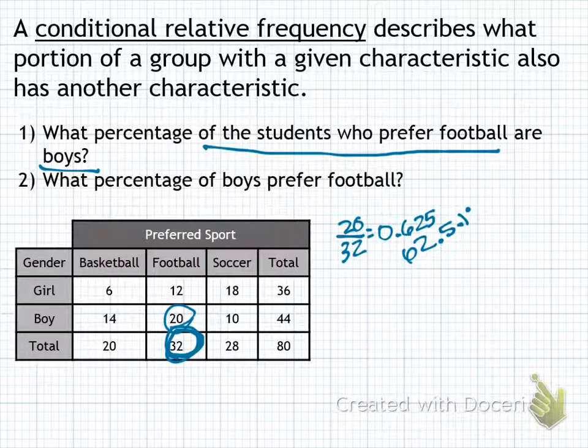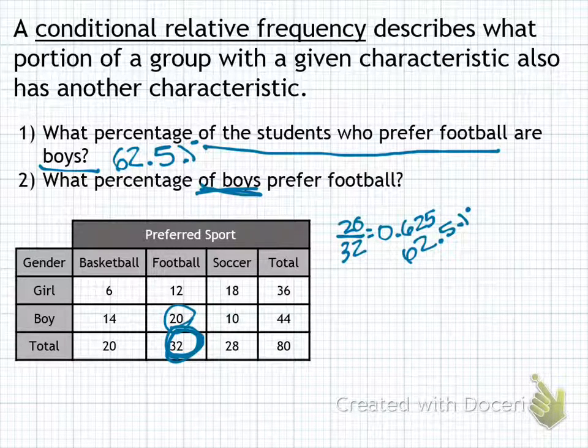Okay, so 62.5% for that question. And then I'll write it here, 62.5%. Okay, and then this question seems very similar, but let's look at how it's different. So what percentage of boys prefer football? So now I'm looking at the total number of boys, and I want to look at what percentage of that number prefer football. So the number that goes on the bottom is going to be the total number of boys, which is 44.